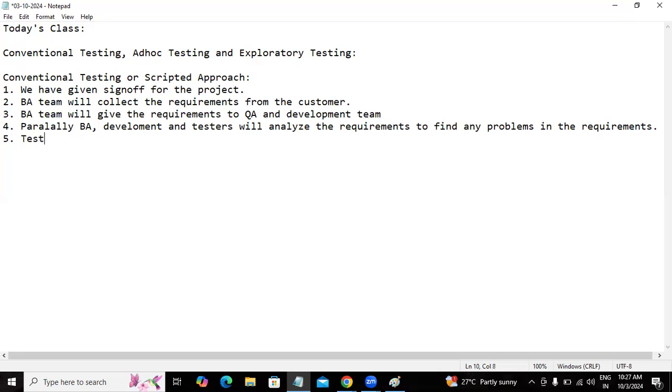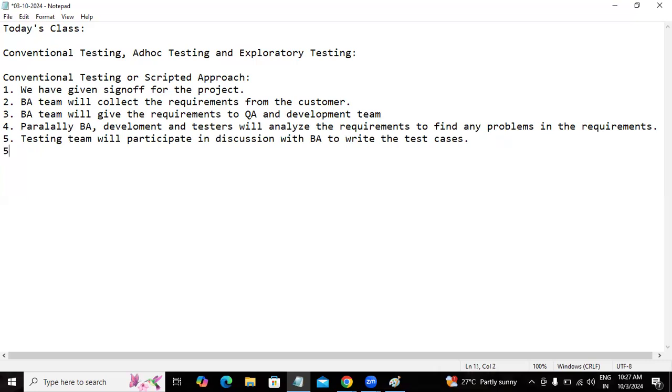Now the testing and development team will participate in discussion with BA to write the test cases. Here I'm going to remove development because I'm explaining only the testing part. Okay, write the test cases.